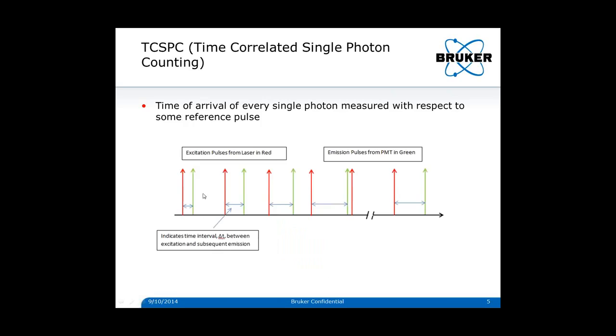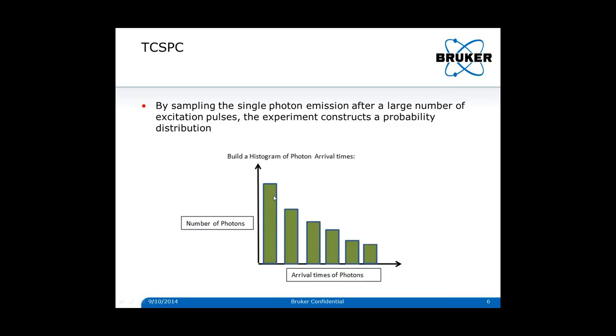So let's say the first time bin is 0 to 2 nanoseconds, and the next one is 2 to 4, 4 to 6, and so on. And then as we measure the photons, we put them in their respective time bins. So the bins here contain the number of photons that we received during that time interval.